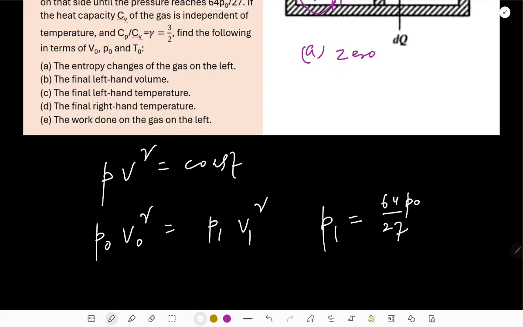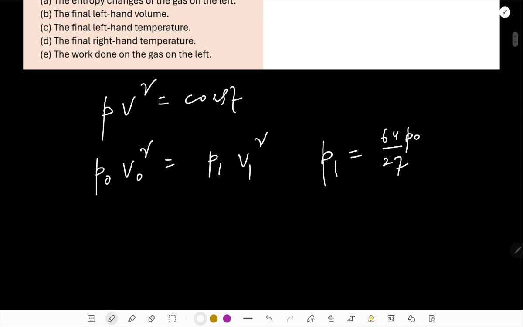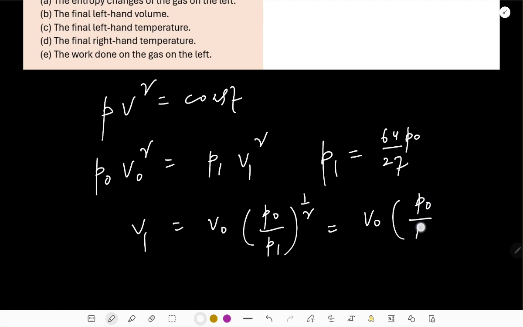So we know P1 and we need to find the result in terms of V0 and P0, that means we get V1. V1 can be written simply as V0 times P0 by P1 raised to 1 upon gamma, and gamma is 3 by 2, so we can write V0 times P0 by P1 raised to 2 by 3.